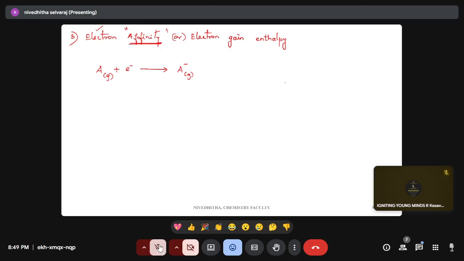How is this possible? If the system has higher effective nuclear charge, then that nucleus is so strong that it can hold the valence electron tight. So in that kind of system, adding one more electron will be easy. So if the system has higher effective nuclear charge, then electron affinity will be more.